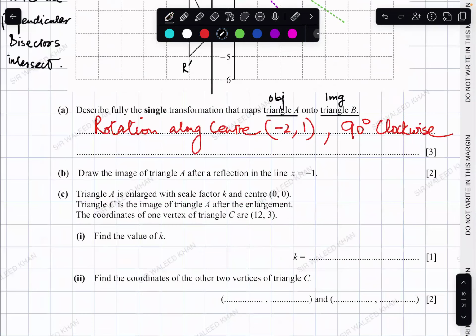Ismail, look over here. What have we discussed in the earlier classes? Whenever we are moving from object points to image points, we multiply with a scale factor.